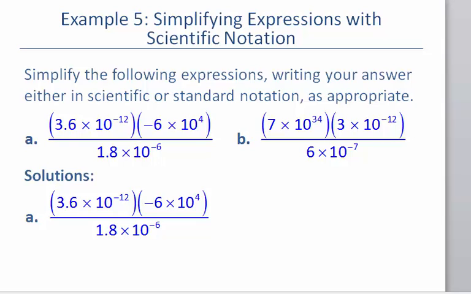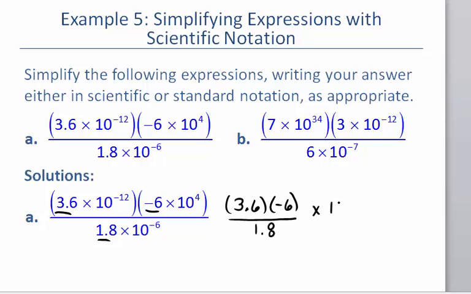The easiest approach to use is to treat your a values separately from your powers of 10. So I'm going to go ahead and simply write down the a parts to each of these expressions. So 3.6 times negative 6 on the top and 1.8 in the denominator.